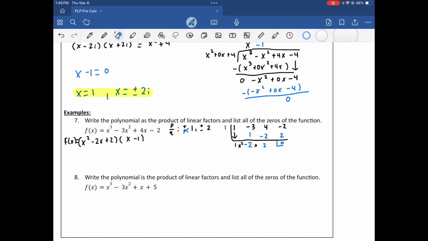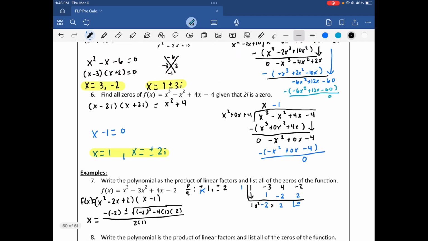So instead of factoring, we need to use the quadratic formula. So we've got x is equal to negative b plus or minus the square root of b squared minus 4ac all over 2a.